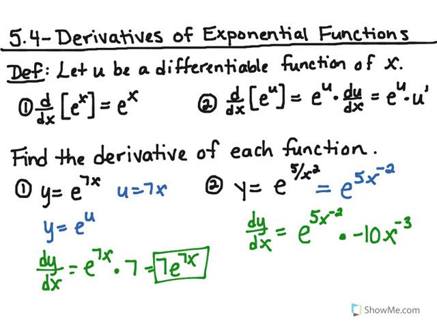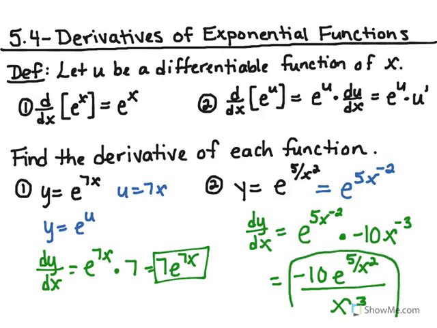So if I clean this up a little bit and try to get rid of those negative exponents, in the top I'm going to have a negative 10, e to the 5 over x squared, put it back the way it was, divided by x cubed. Okay, so those are our first two examples.